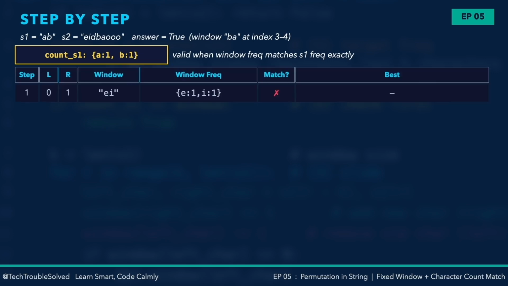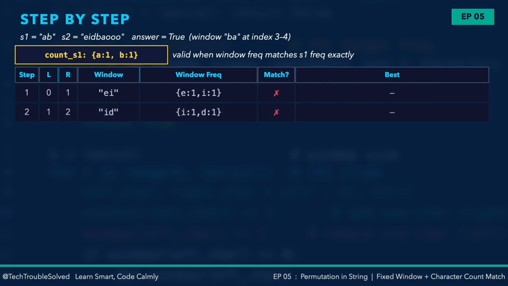Step 1. L is 0, R is 1. Window is EI. Window frequency is E with 1 count and I with 1 count. Does the E1 I1 map equal A1 and B1? No. Slide. Step 2. L is 1, R is 2.